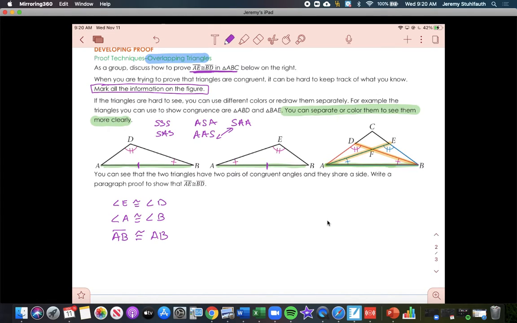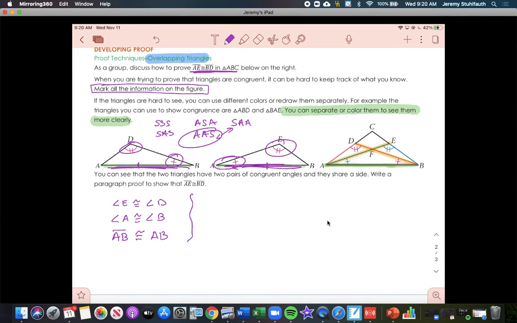Now think about what we have here. We have angle, angle, side. Angle, angle, side. All right. So angle, angle, side is one of our 4 congruence shortcuts.